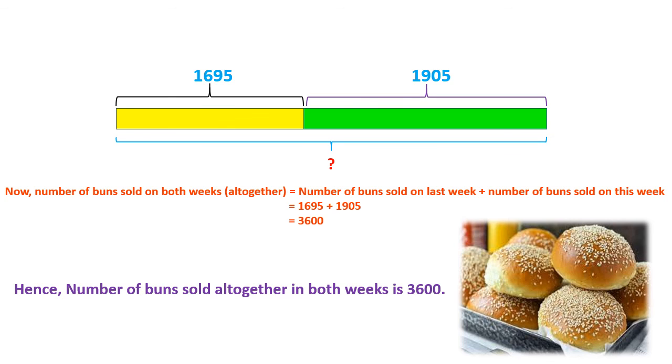And in the second part, we added the number of buns sold last week, which is 1695, and the number of buns sold this week, which is 1905, and the answer we got is 3600.